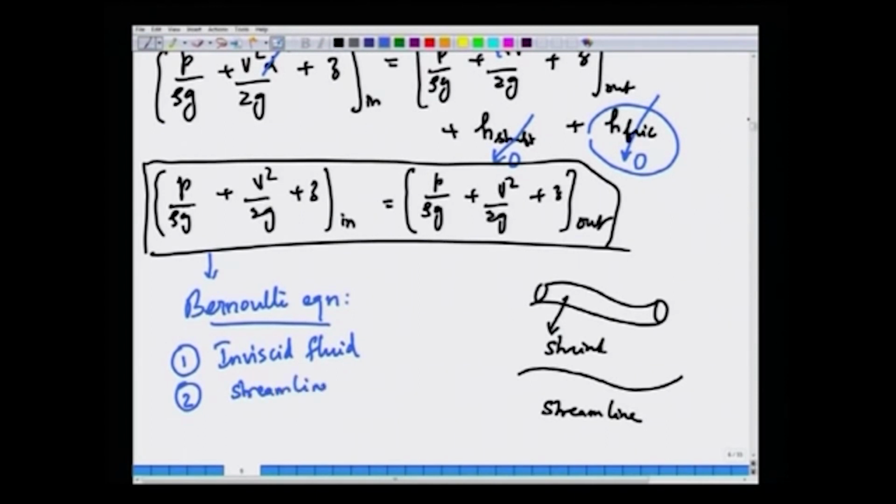It is applicable only between 2 points along the same streamline. Of course, we have made further assumptions such as steady incompressible flow, which are less restricted assumptions, but the critical assumption for the application of Bernoulli equation is an inviscid fluid and a streamline.